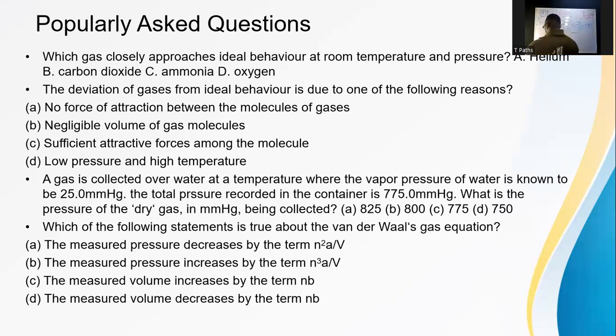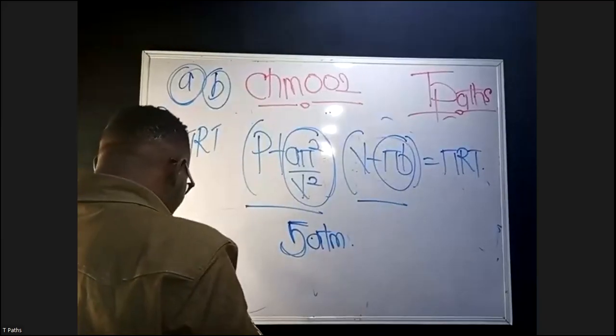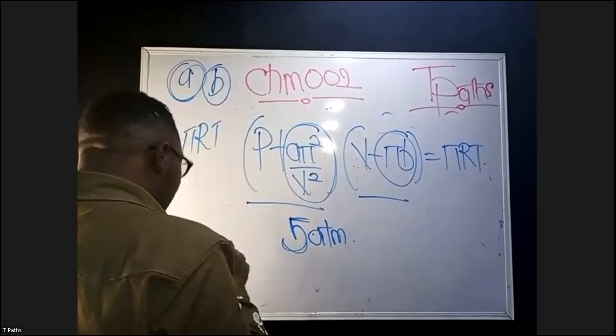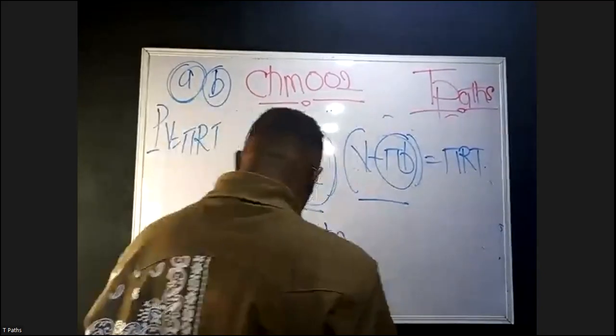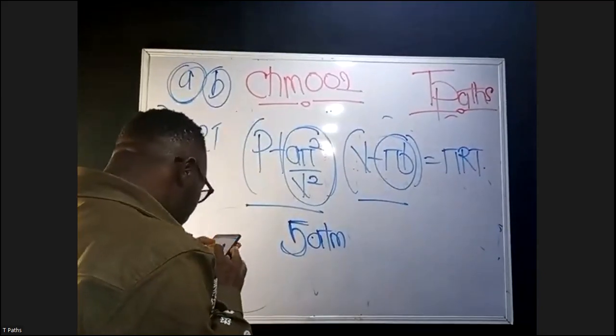Is it increasing or decreasing? Then we look at the options and try to pick which of them works. Now, let's say for example the pressure is 5 atm. How will this affect the pressure under van der Waals? Look at the options there.